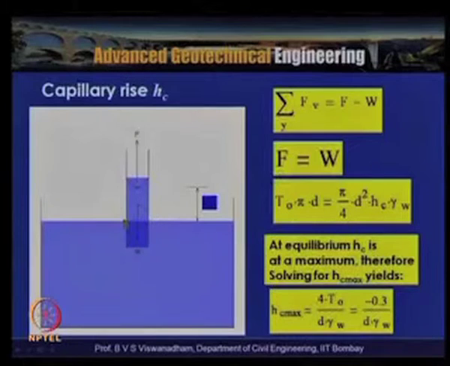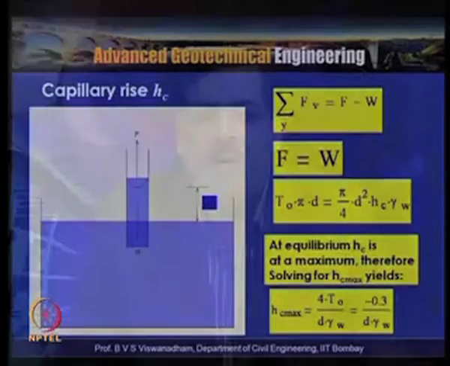Now, assume that from the datum the elevation of this point is Hc units and the pressure here is minus Hc. The total head here is minus Hc plus Hc, which is equal to 0. So capillarity is not a flow situation; it results from the interaction between soil, water and air.